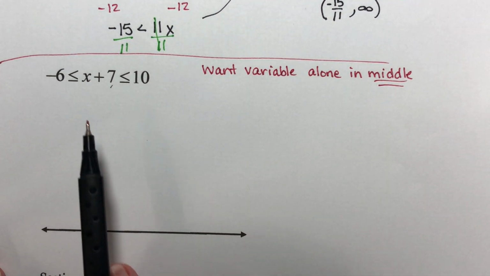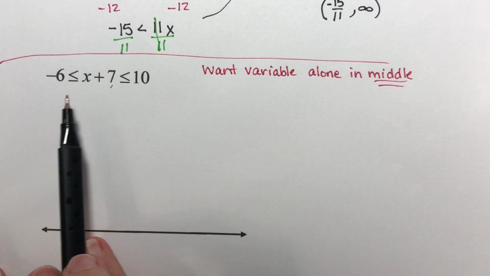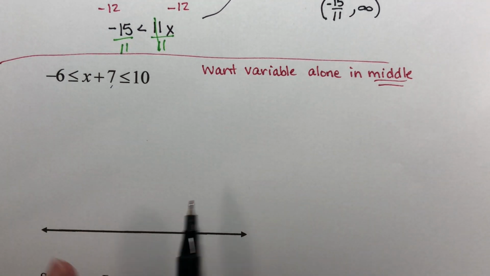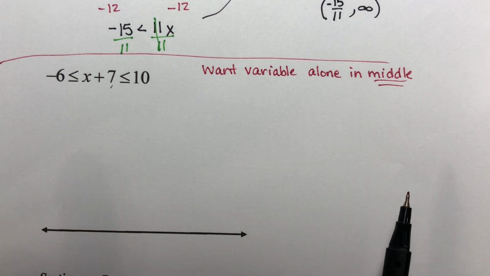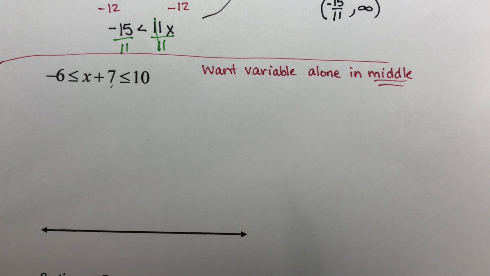And then whatever you do to one side, you do to the other too. So you treat it like three problems. There is a way to split this type of problem into two and work them separately, but it's really kind of tricky to get them back together into one answer.